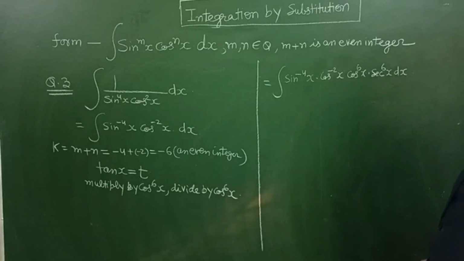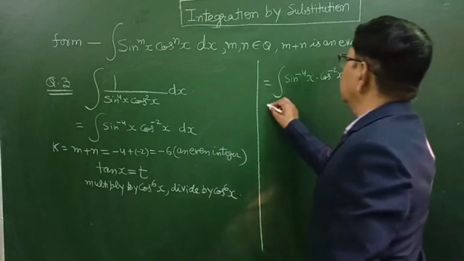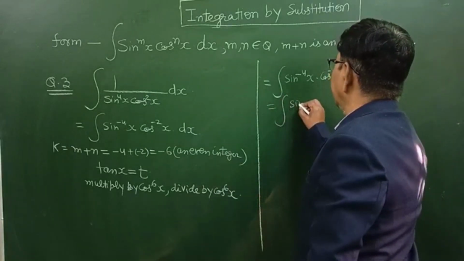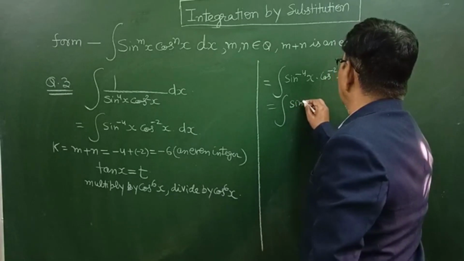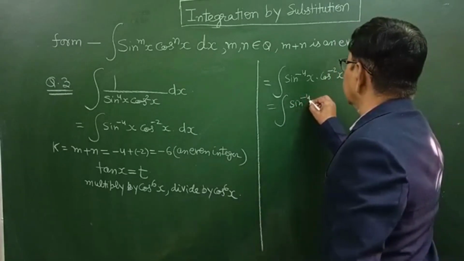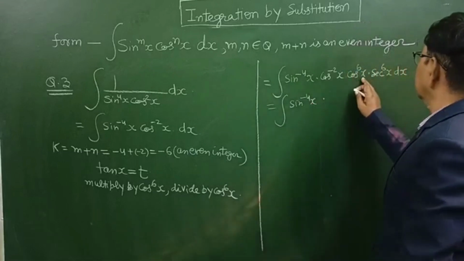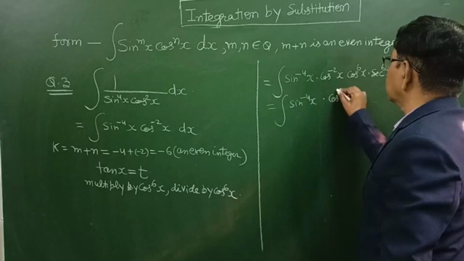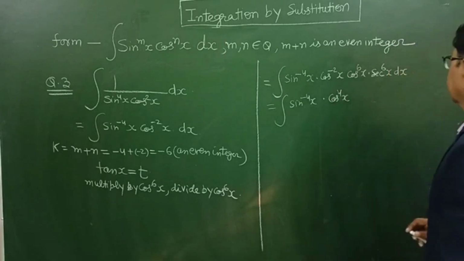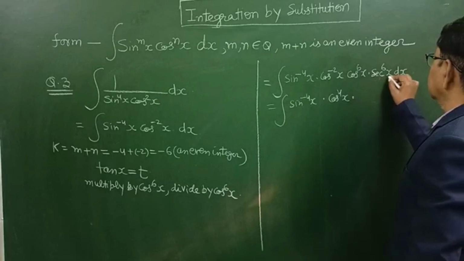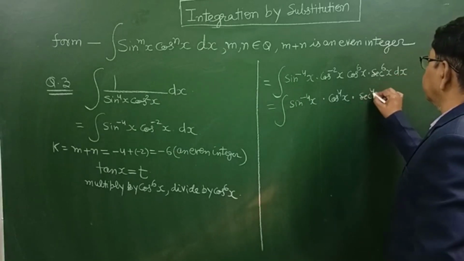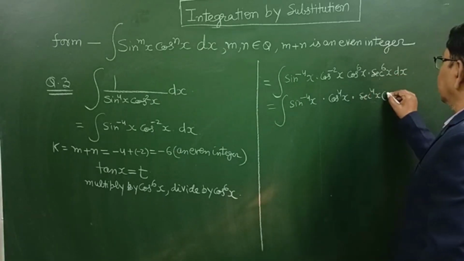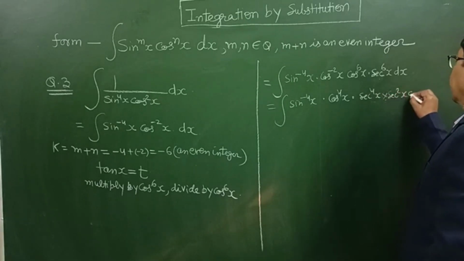These are balanced here. Now if you solve it further, then this is equal to integration of sin minus 4x into this cos 6x and cos minus 2x is equal to cos 4x into this sec 6x, you can write sec 4x into the 1 sec square x is remaining here, sec square x dx.